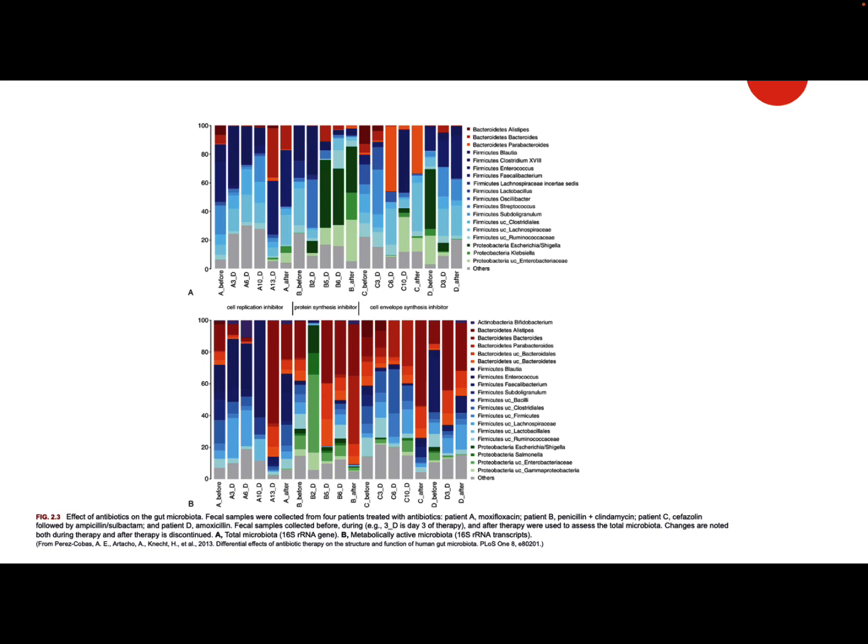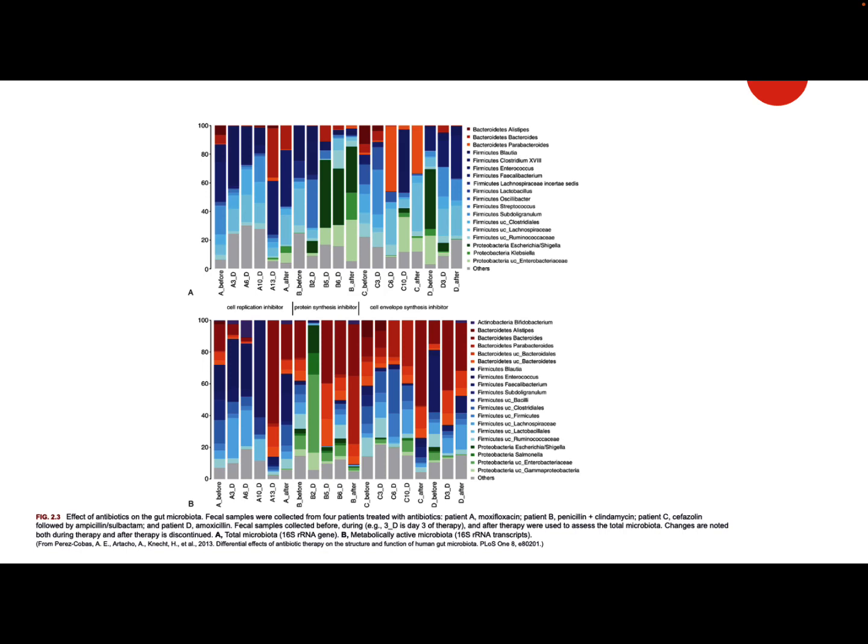Again, it's just something to be cognizant of if you're prescribing to a patient, or if you are the patient, that your gut microbiome could change, or it will change. But whether or not that's negative, I'm sure many of us have taken antibiotics and not experienced any gastrointestinal complications. Some of us may have taken antibiotics and had problems. It really just depends.